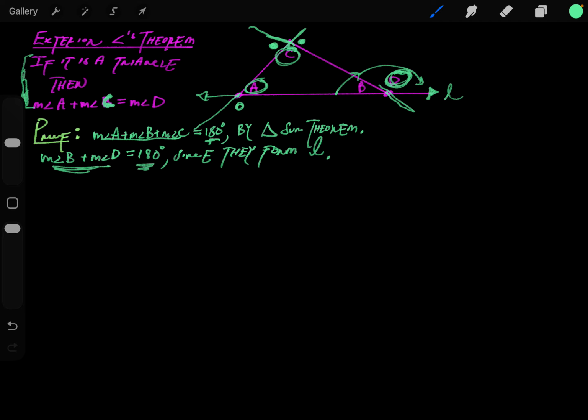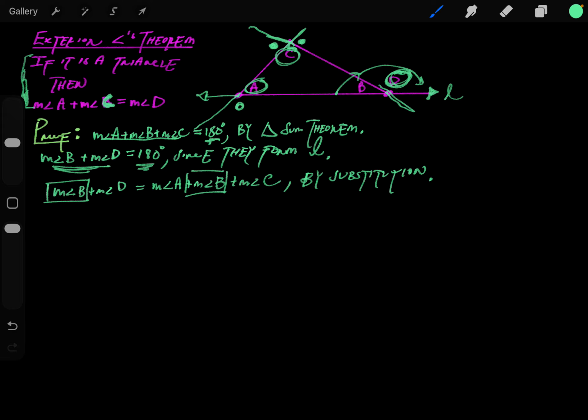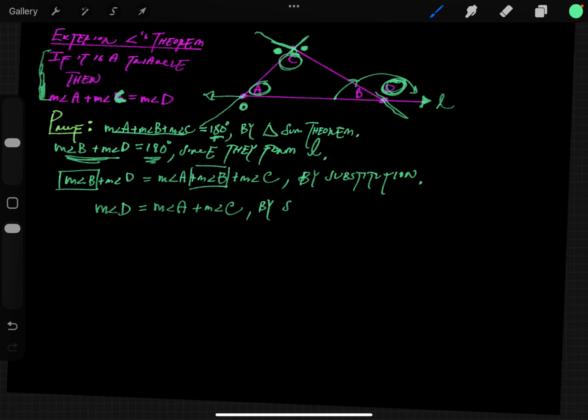So by substitution, the measure of B plus the measure of D is equal to the measure of A plus the measure of B plus the measure of C. And then I have the measure of B on both sides, and I subtract it from both sides, getting that the measure of D is equal to the measure of A plus the measure of C, which is what I wanted to show. So the final step is by subtraction.